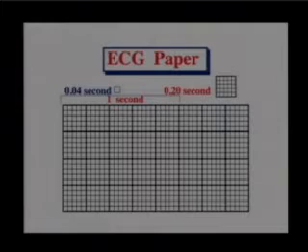Suppose you had a long strip of paper that had 30 of these big boxes, and in those 30 big boxes on that strip, there were 7 heartbeats. So what is the approximate minute rate when there were 7 heartbeats in 30 big boxes?